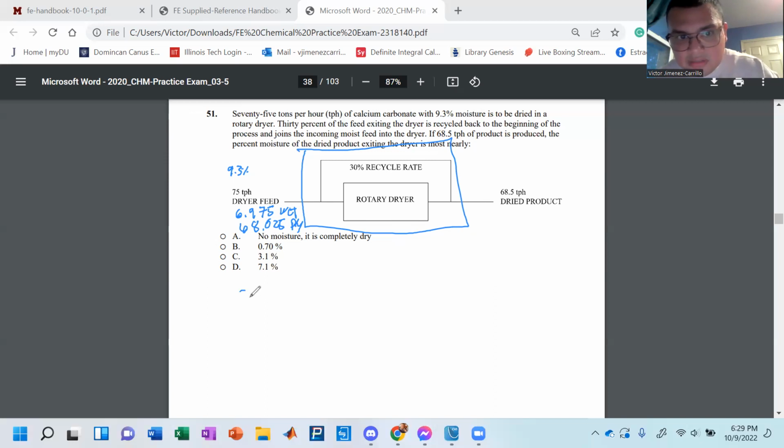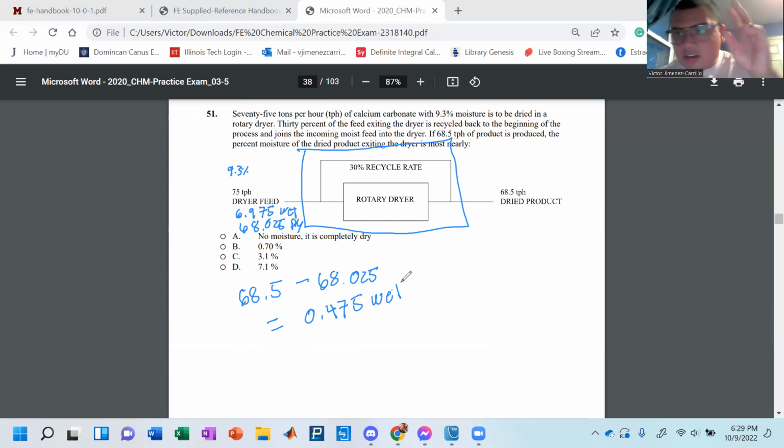So you're smart. You're going to say, I'm going to do 68.5 tons per hour coming out of the system minus the 68.025 of the dry product coming in. This is going to get you a number of 0.475 tons per hour. That number here is the wet product coming out of your supposed dry system. Now, the next easy part is the question.